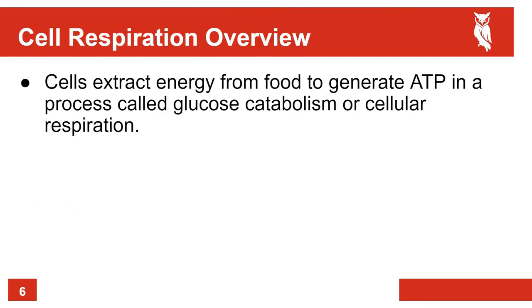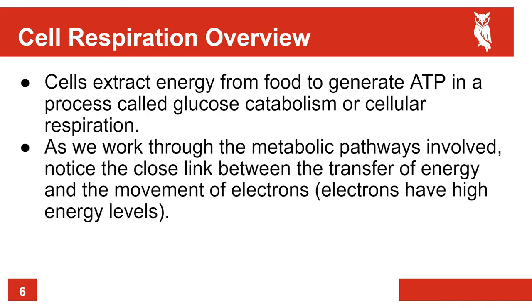Alright, so cells extract energy from food to make ATP in a process called glucose catabolism or cellular respiration. Remember, catabolism or a catabolic reaction, what does it do? It breaks things down and will release energy, gives off energy, okay?